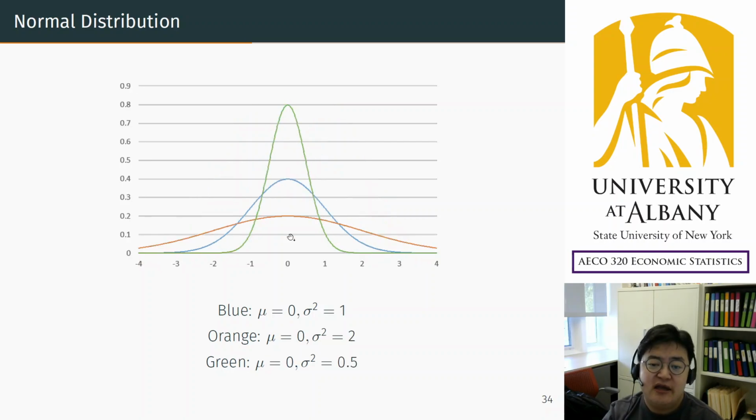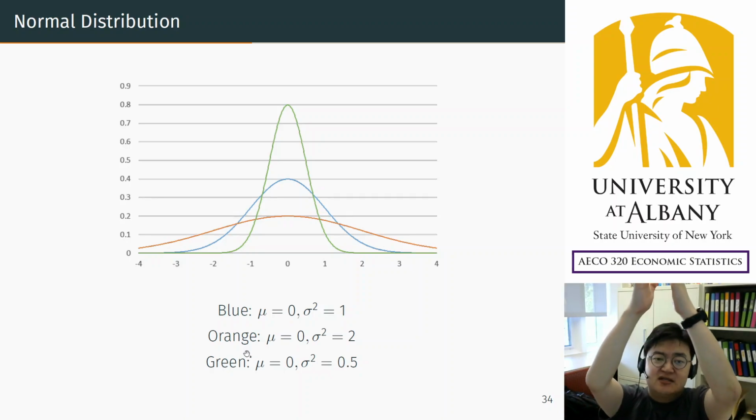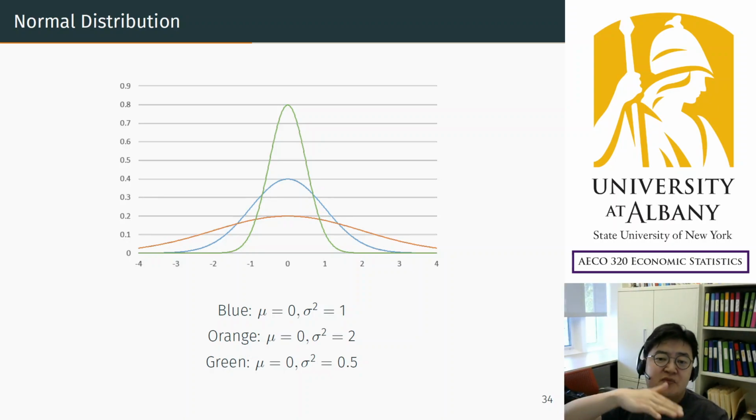And now fixing the mean, if you change the variance, it is about the flatness. If the variance is small, like the green one, it is most concentrated, always peaked at the center. If the peak is high, the variance is small, so a lot of probability is dense around the mean. But when the variance increases to 2, it is flatter.